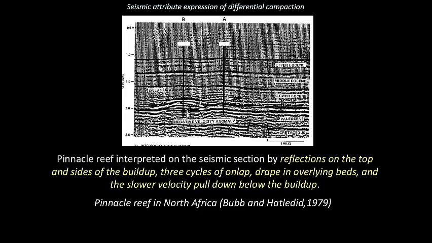Now, subsequently, the acreage was picked up by another company, and by using high-quality seismic data for their interpretation, they drilled well B. Now, interestingly, it encountered 300 meters of porous limestone, and oil flowed at the rate of 40,000 barrels per day, and the estimated reserves were 1.5 million barrels of oil. So this was a very successful example that was published way back in 1979.